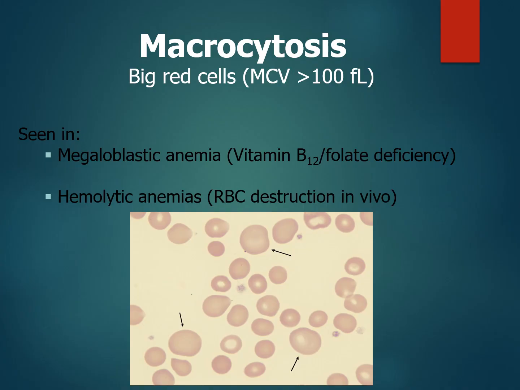Now, on the other hand, we have macrocytosis, big red cells with an MCV of greater than 100. We see this in megaloblastic anemia, which is anemia that is caused by B12 and folate deficiency, because remember, B12 and folate are both imperative for DNA synthesis, and DNA synthesis must occur for cell division, etc. Hemolytic anemias can also cause macrocytosis. And the reason for that, if you think about it, what happens when we have a large number of red cells destroyed?